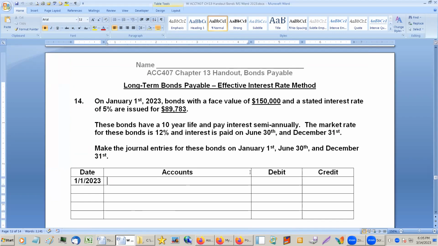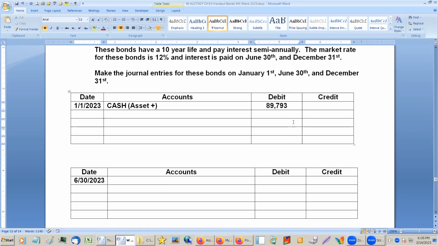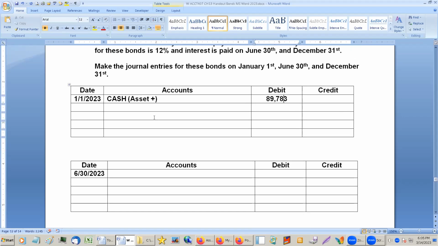Zoom in a little bit. So cash, it's an asset going up, 89,783.